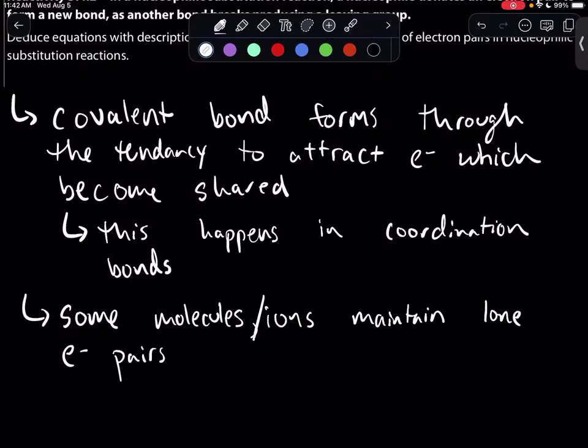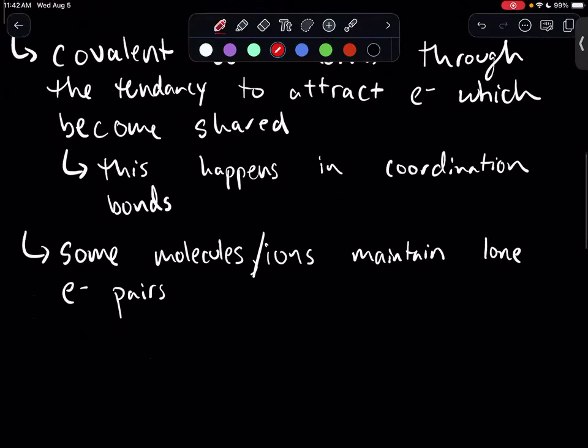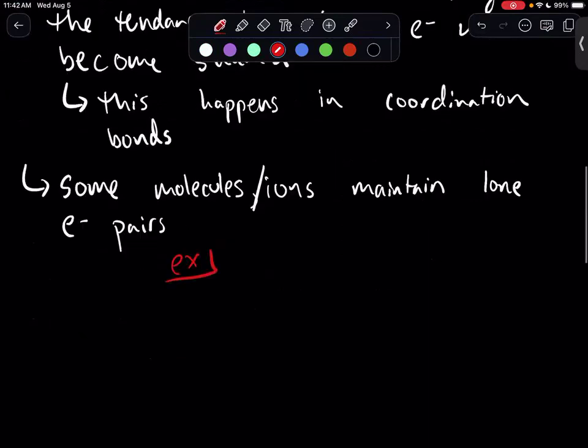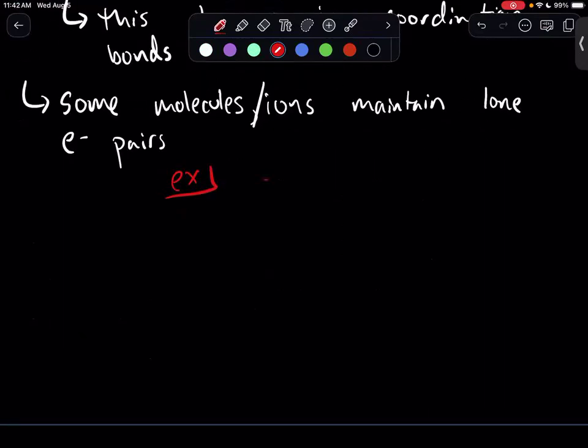So right now we're building up a lot of ideas. Let's take a look at some of those molecules that have lone electron pairs just so we can keep them in mind. We might have the hydroxide ion. On the oxygen, we have 3 different electron pairs. Maybe we'll look at a molecule like water. Again, the oxygen is the one with lone pairs, and it has 2, keeping in mind that oxygen is very electronegative.